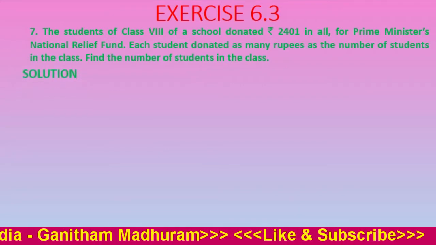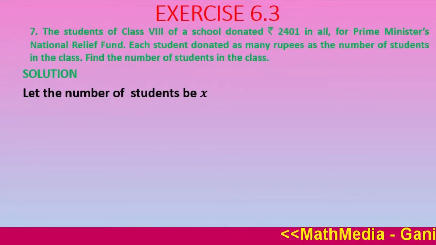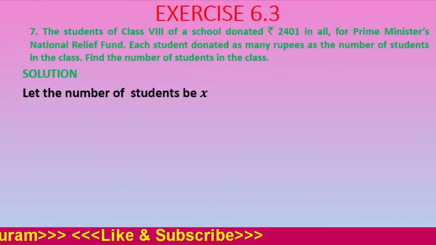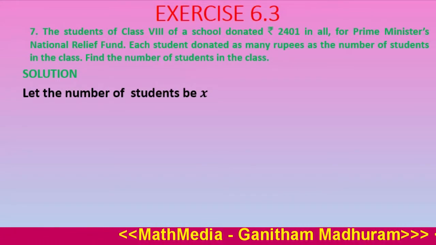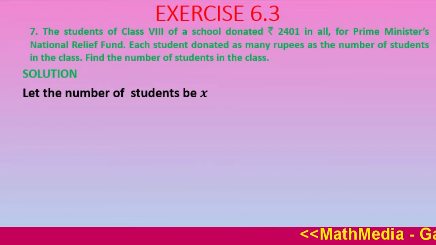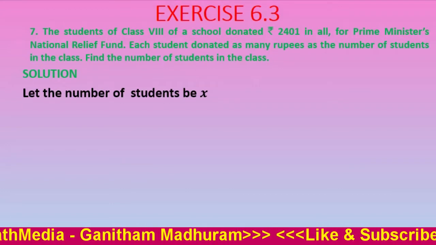We don't know the number of students in the class, so we can take it as x. Look at the question here. It is given each student donated as many rupees as the number of students in the class.